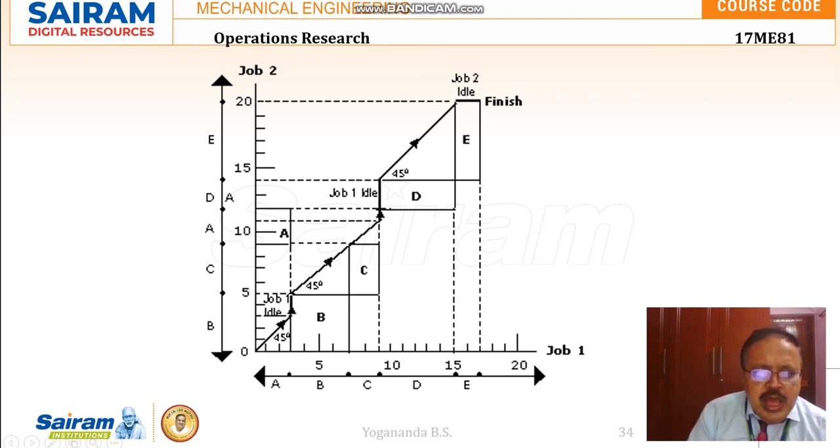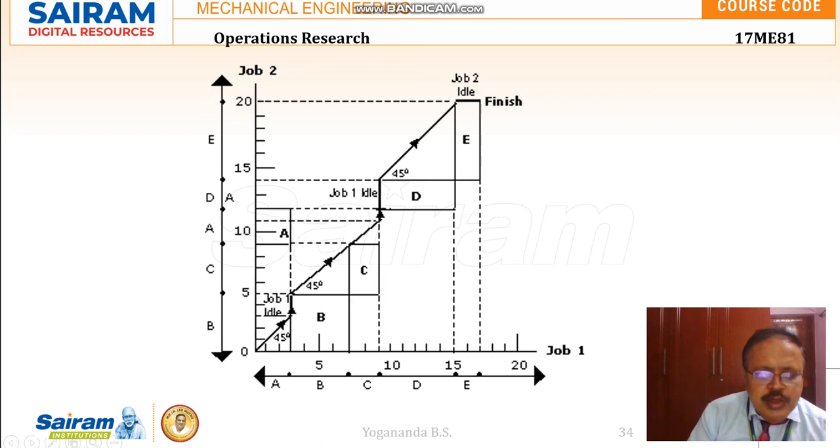Either I may move horizontally, or move vertically, or at some inclination to reach this finishing point. If I move horizontally, that indicates the progress of job 1 alone. There is no progress of job 2.